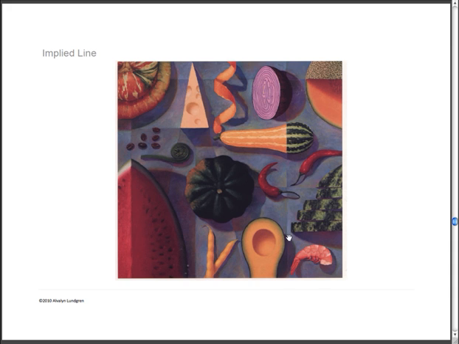Notice here this division in the ground comes right up into the squash here and basically aligns with that color division there. So there is a real strong use of implied line to flatten space. So we can have volumetric illusion going on in certain areas, but in this case, because of how implied line is used, the totality of the design space is flat and decorative.